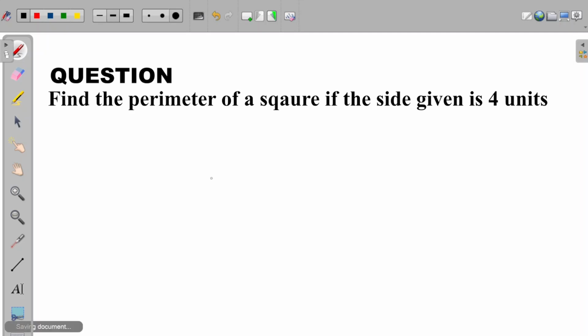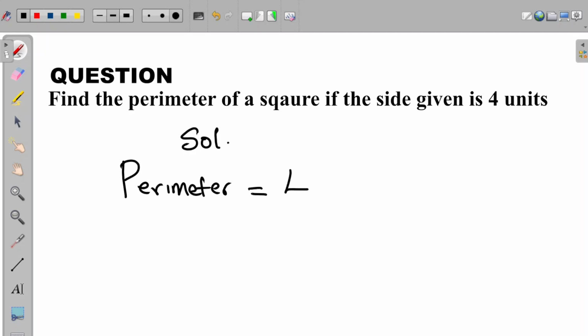Question 1 says, find the perimeter of a square if the side given is 4 units. Now, we have obtained earlier that the perimeter of a square is equal to 4 times L. And the side that is given is 4 units, so L is equal to 4 units.